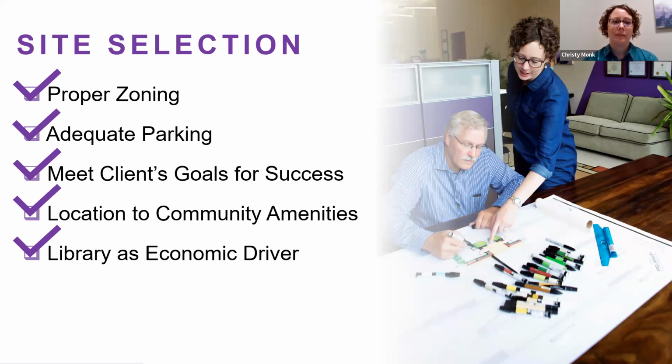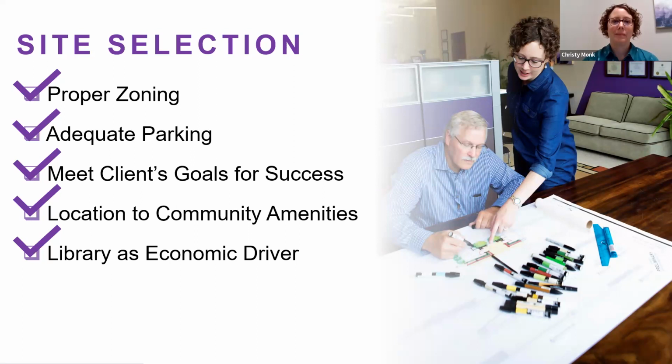We again list the goals for success. Again, with high-level goals being created for this project, the site would have to respond to those goals as well. So we mentioned that for that purpose. Community amenities: there's often a number of things within a community that really drive what the community is all about, and the library would like to be part of that and be a partner to that.